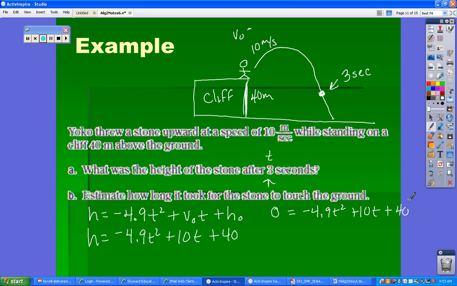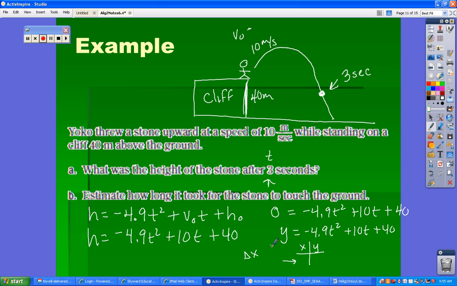Okay, we are going to solve this by looking at our graphing utility. You're going to type in y equals negative 4.9 t squared plus 10t plus 40 into your graphing calculator. You are then going to look at the XY table. You are going to have to be changing your delta x, your table step, until you can get really close to 0.